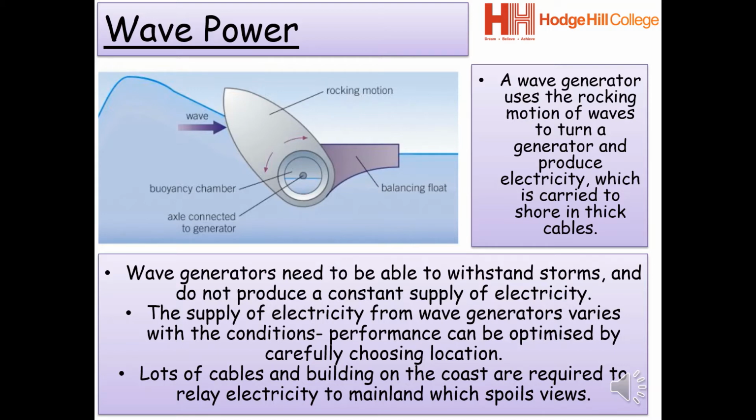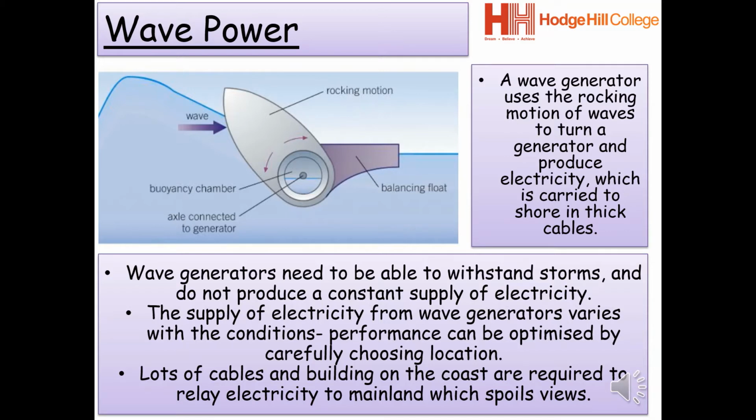Wave power. Wave power has a wave generator that uses the motion of waves to turn a generator and produce electricity. This electricity is carried to shore in thick cables. One of the things about wave power is that you will need lots of small wave power turbines located around the coast, so this is quite useful on small islands. One of the disadvantages is that its initial costs are very high, but there's no fuel cost and minimal running cost.